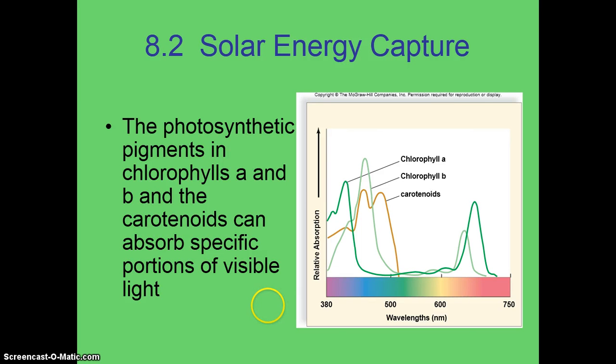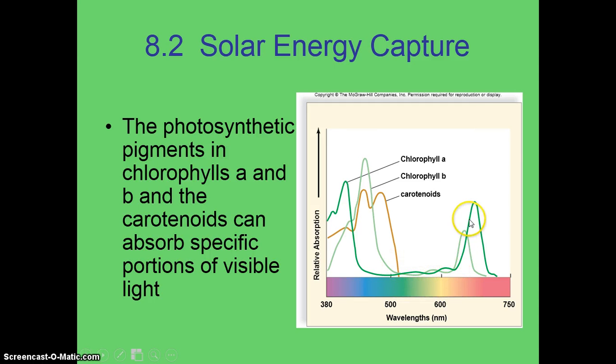This graph gives us a better view of what's actually being absorbed and reflected in chlorophyll A, B, and the carotenoids. And if you notice, chlorophyll A tends to absorb the most in the violet, indigo violet wavelengths, and reflects in this area here, which you see the green, that we see the plants, the leaves, looking as green, so that's what's being reflected, not absorbed.